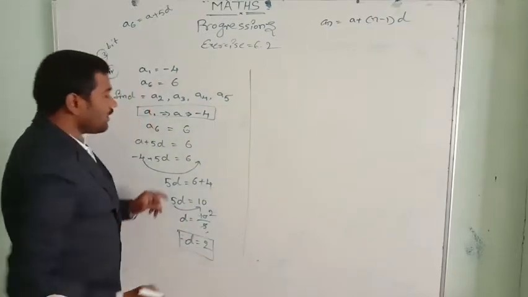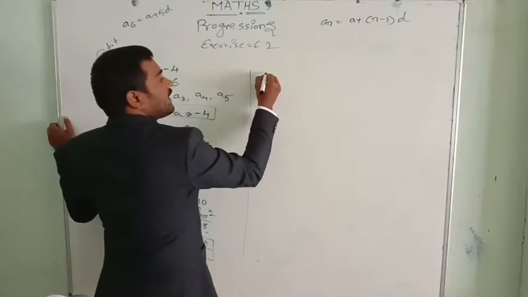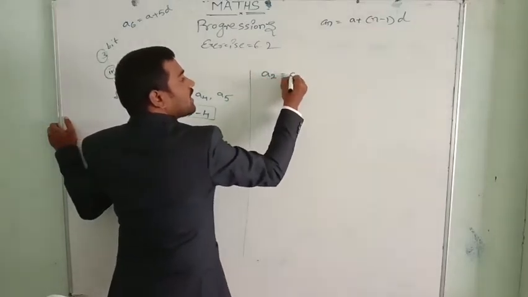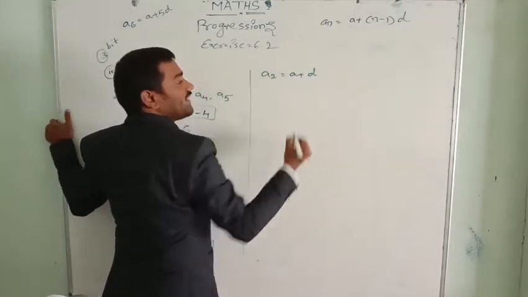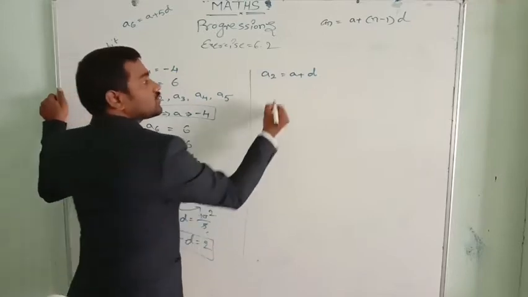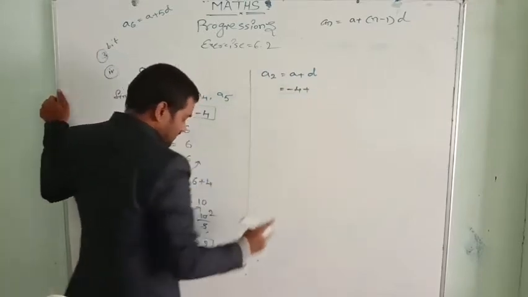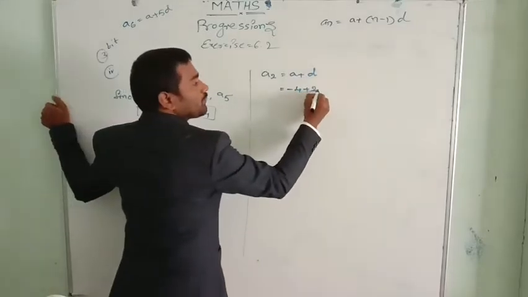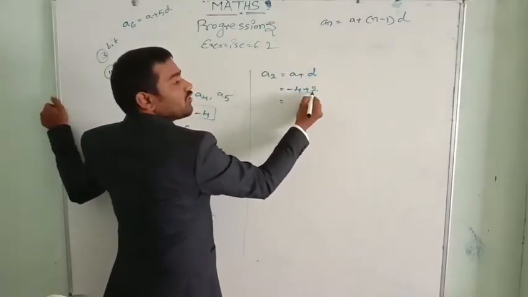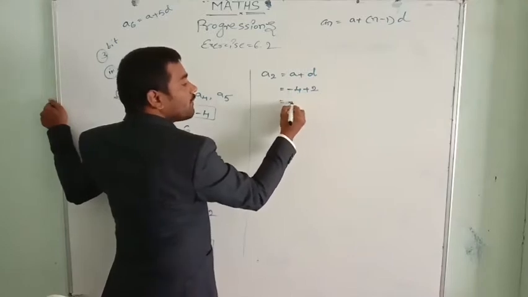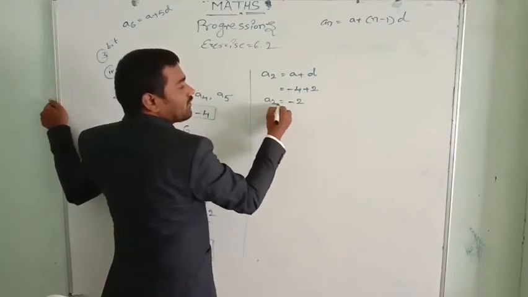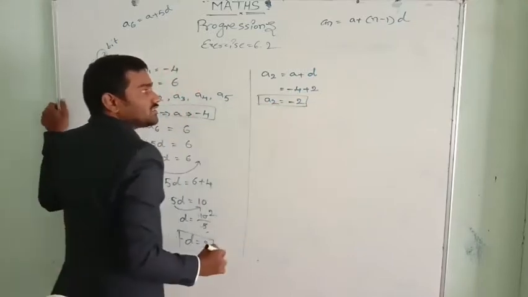See, the A2 value we need to find out. A2 equals, what's the formula? A plus 1D, or A plus D. We have the A value, minus 4, plus the D value, 2. So 2 minus 4 is minus 2. So A2 equals minus 2.